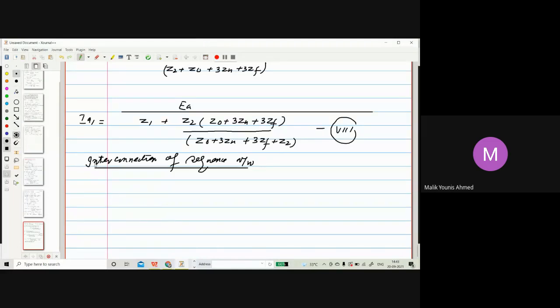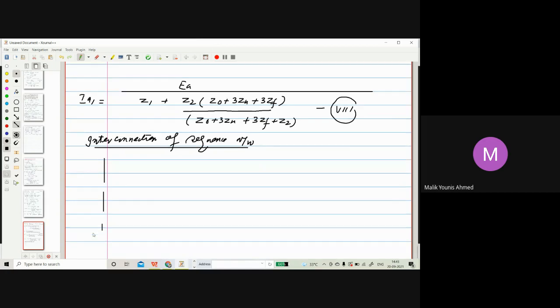Simple, I am drawing. It's a voltage source. This is the impedance. This is the impedance. Have a look here.